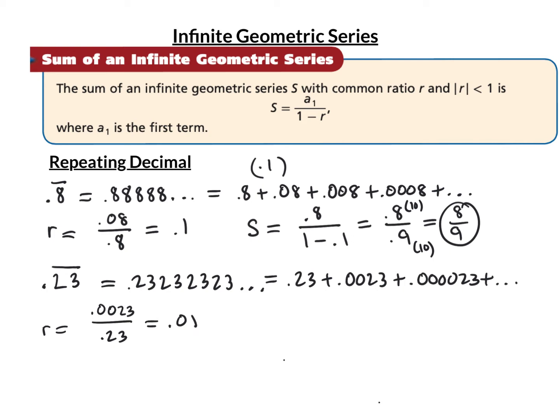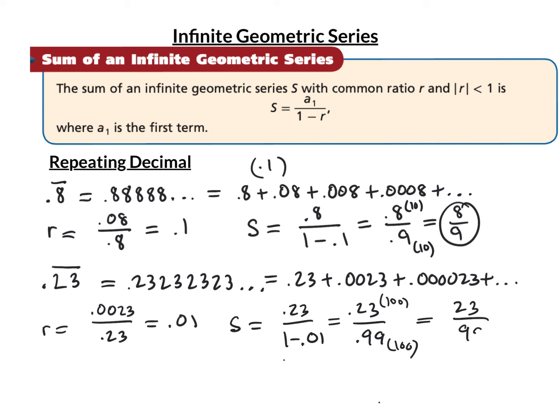The sum will be the first term, 0.23, divided by 1 minus 0.01. That's 0.23 over 0.99. If I multiply the top and the bottom by 100, move the decimal 2 places, I end up with 23/99.